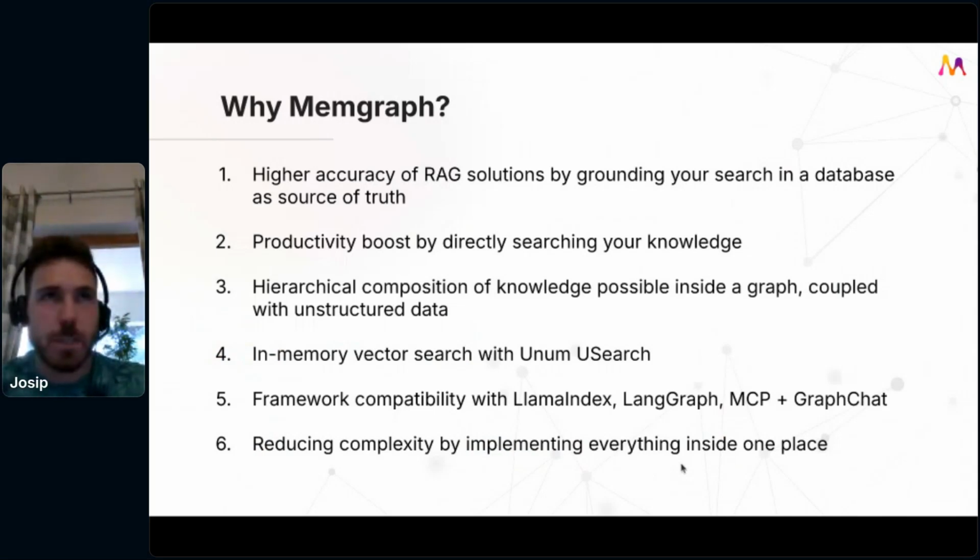You can make your source point a document and then expand 2 or 3 hops from there. You can make the source point an image and then expand from there, or you can just ask a plain Cypher query to retrieve your structured knowledge. Fourth, Memgraph offers, like I said, usearch, which is an in-memory vector index, and it's currently blazingly fast.